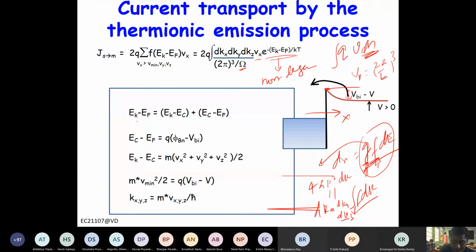Now E minus EF can be written as, because we have this relationship, and this is EC. So at any point E is equal to EC plus h bar square k square by 2m. So for E minus EF you can write E minus EC plus EC minus EF.